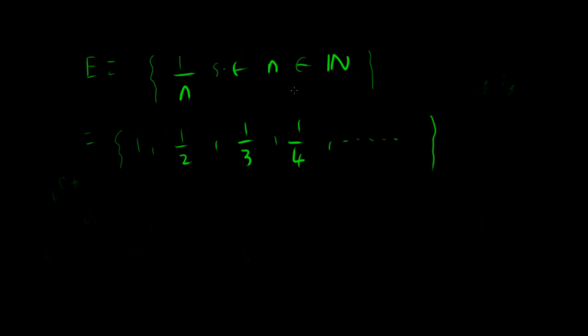So n ranging over all natural numbers here, starting at 1. What is the supremum? Well, supremum of E is again 1. Because 1 will be an upper bound, as n gets bigger here, this is just going to get smaller and smaller. And then also 1 is here, so if it's an upper bound, it's going to have to be larger than or equal to 1. So the supremum, the smallest possible upper bound, is 1.